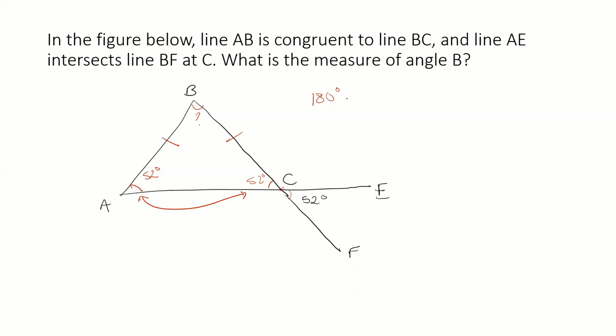So we're just going to take 180 degrees and subtract the two angles that we already have to get our last angle. You can just put this into the calculator, and I'm going to be left with the measure of angle B being 76 degrees.